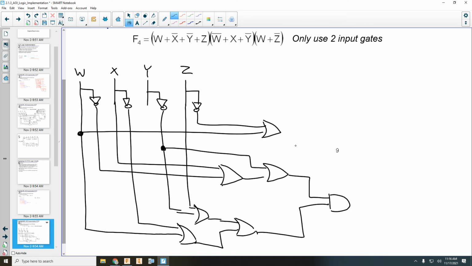Make sure you're making a distinction between AND gates and OR gates. AND gates look kind of like a D shape. They're round on the front. They have a flat backside. OR gates are concave on the backside, and they come to a point on the front side. Okay?